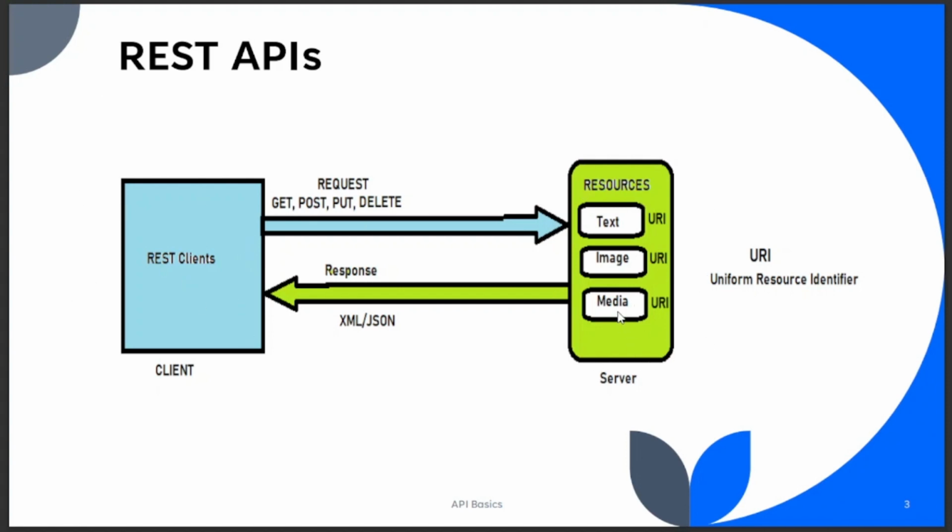This is called statelessness. Whenever a client sends a request, it should contain all the information about what it wants, so that once the request comes to the server, it can process it and send back a response. There should not be anything additional required. Everything should be contained in the request itself. That is called statelessness.